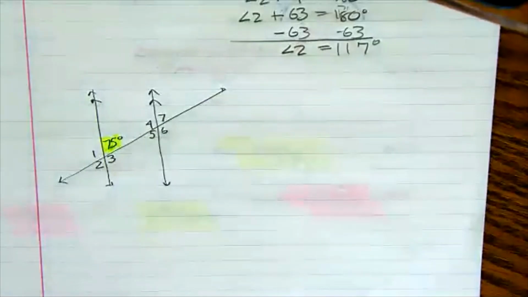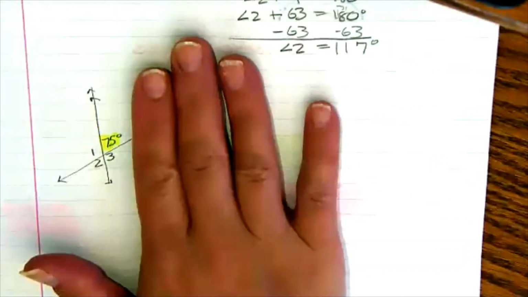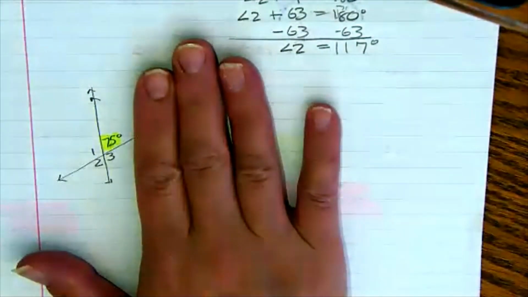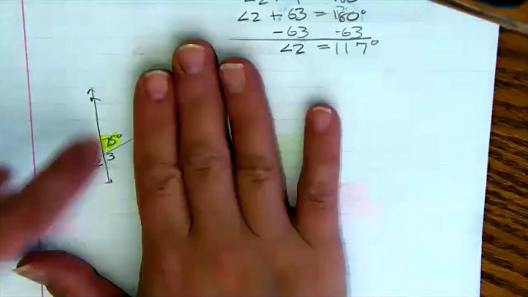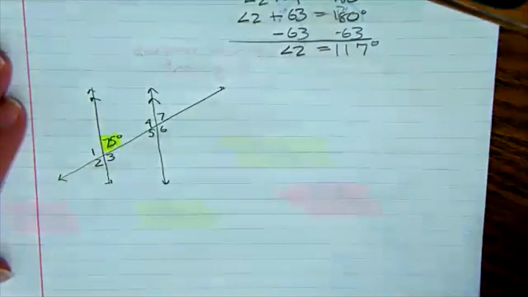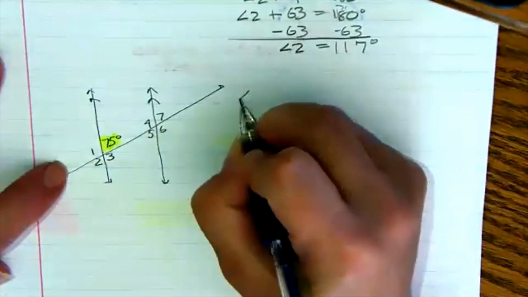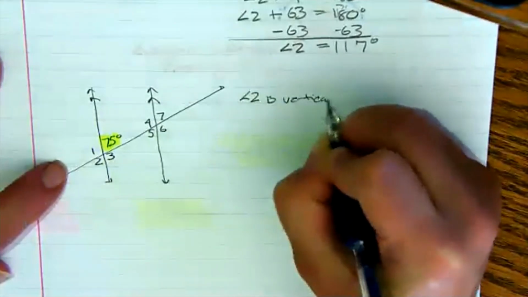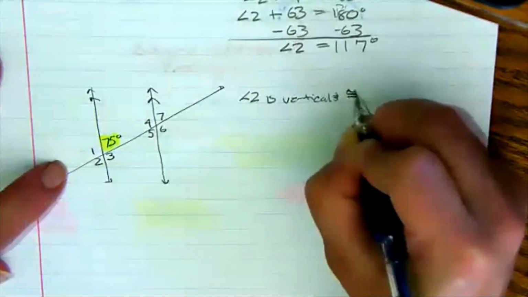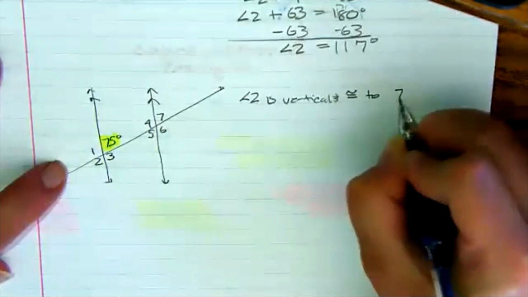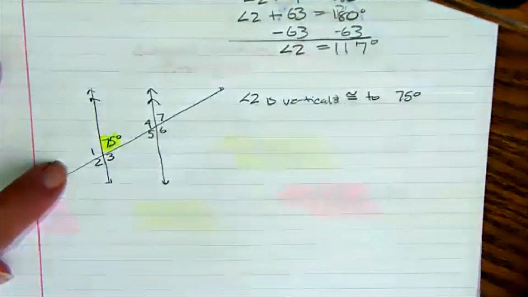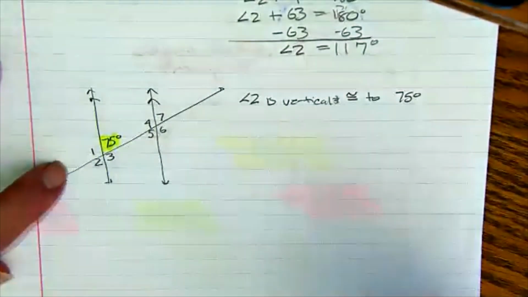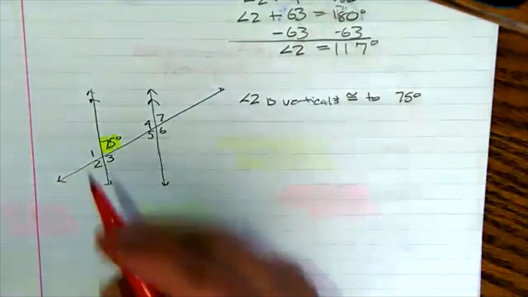Yes, we can. I'm going to stick with what I know first. This is what I've been working with for 2 days, right? So I know angle 2 is vertical and congruent to 75 degrees.